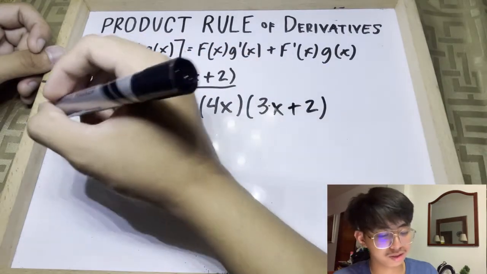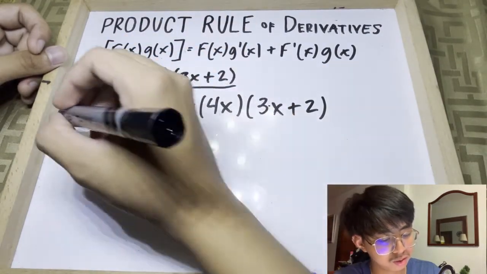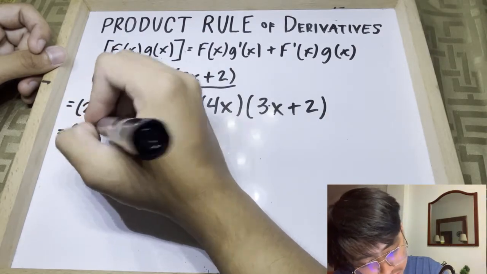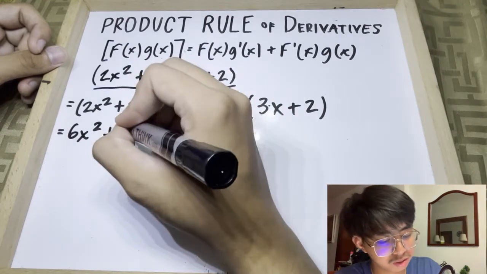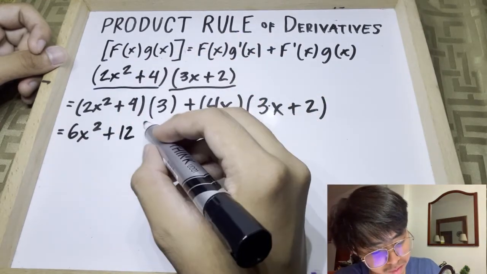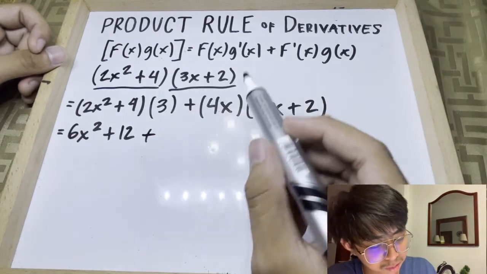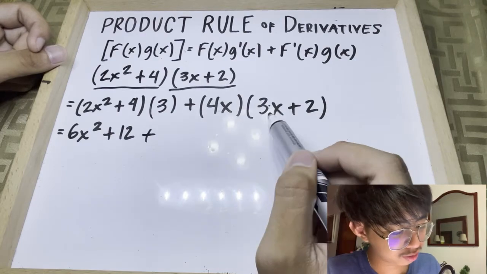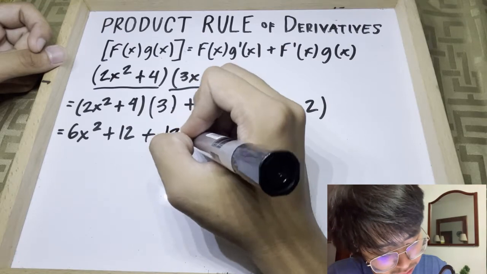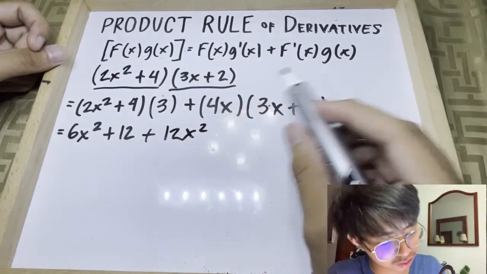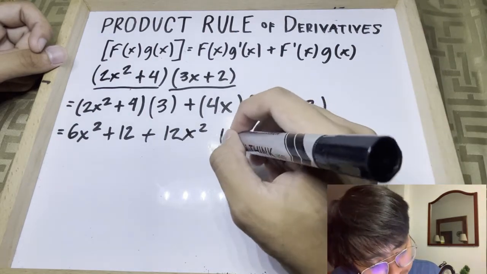Now, we multiply. 2x squared times 3 is equal to 6x squared, plus 4 times 3 is equal to 12. Plus, we put the plus sign here since we have a plus sign here. Then 4x times 3x is equal to 12x squared. Then 4x times 2 is equal to 8x.